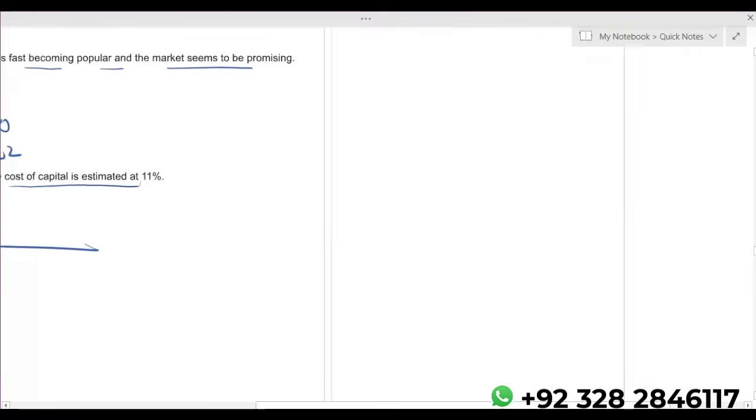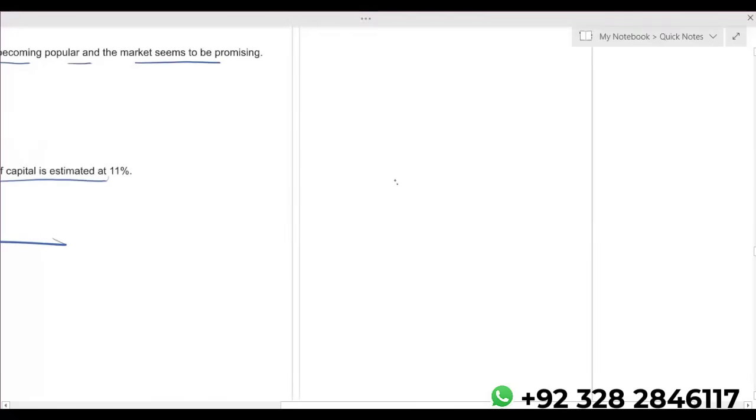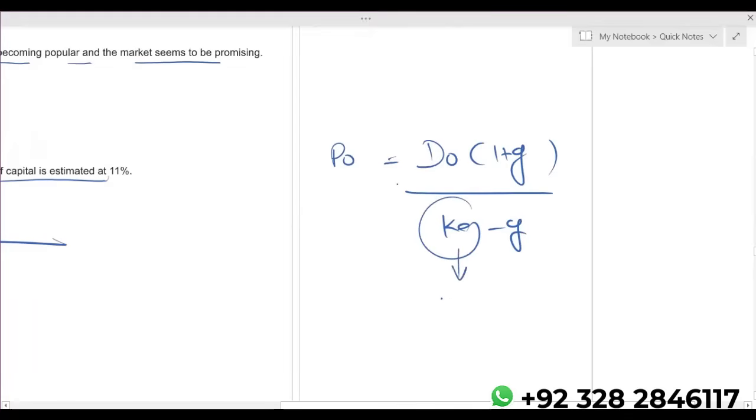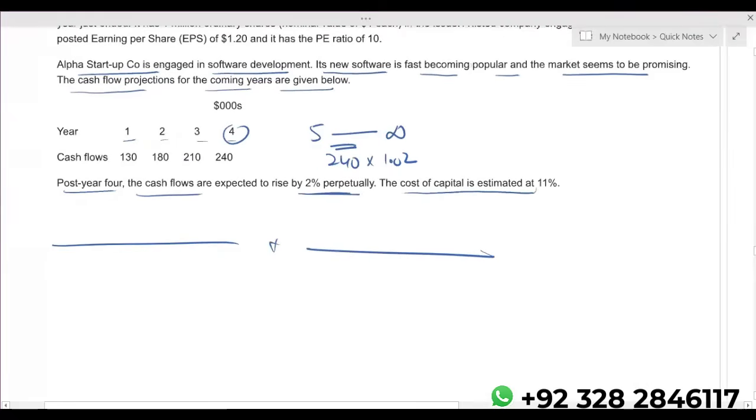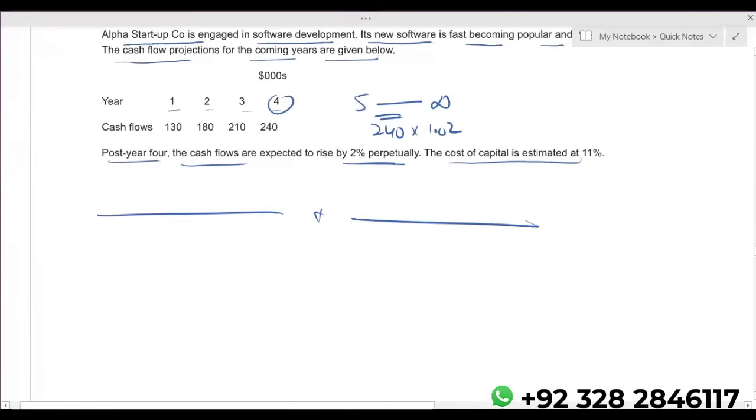If you just recall the dividend valuation formula, P naught is equal to D naught (1 plus g) upon k minus g. Now simply this formula will be replaced. Instead of k, I'll use the weighted average cost of capital, number one. Number two, whenever I need to use this formula, like here, after year 5 till infinity, how will you calculate the present value?